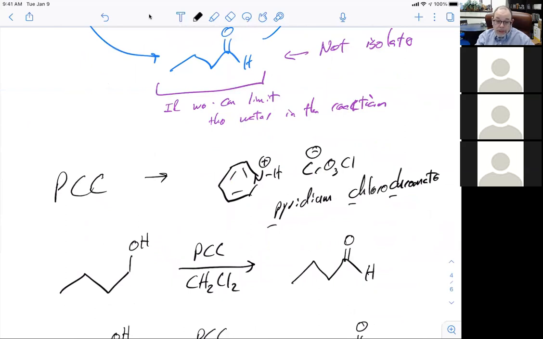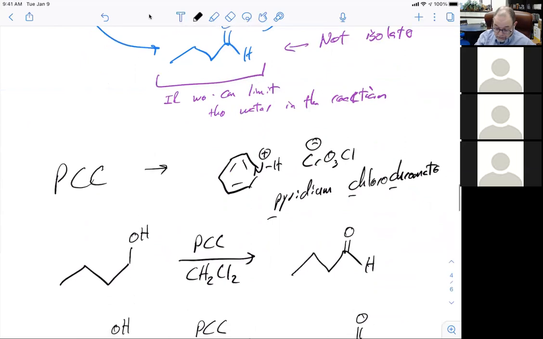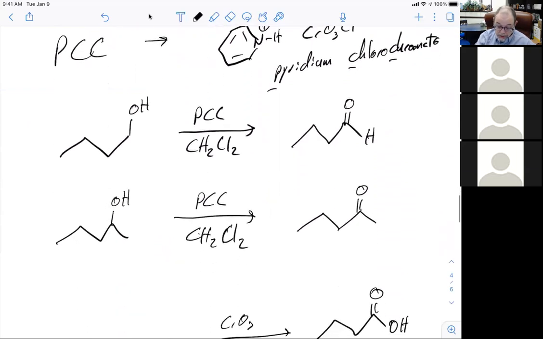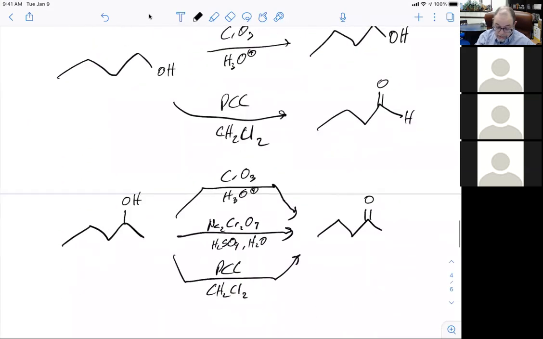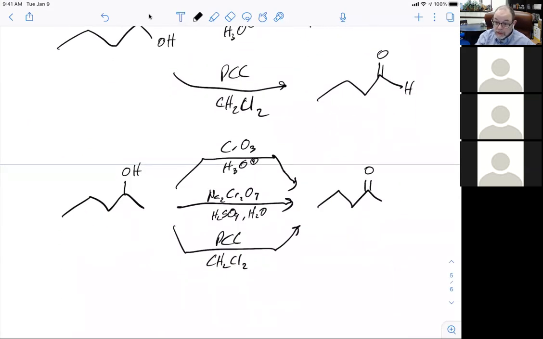It's not horrible in small amounts, but it's not something you want in large amounts. So if we were looking at pharmaceuticals, we want a different way to do this that doesn't use a toxic metal, just like with our osmium, we wanted to decrease that.